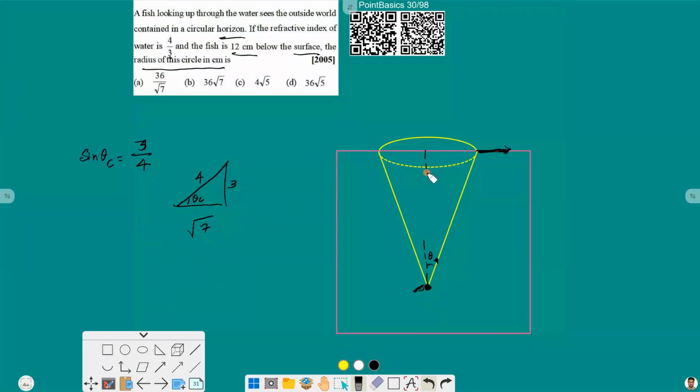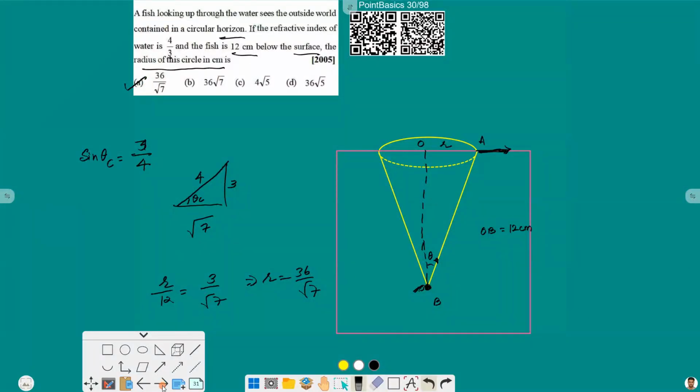Now if we make a triangle OAB, in this triangle we know OB is equal to the distance of the fish, that is 12 centimeter, and we have to find OA, that is the radius here. So R by OB, means R by 12, will be equal to perpendicular by base, means tangent of theta c, which from this will be equal to 3 by root 7, and from this the radius will be 36 by root 7. That is option A here.